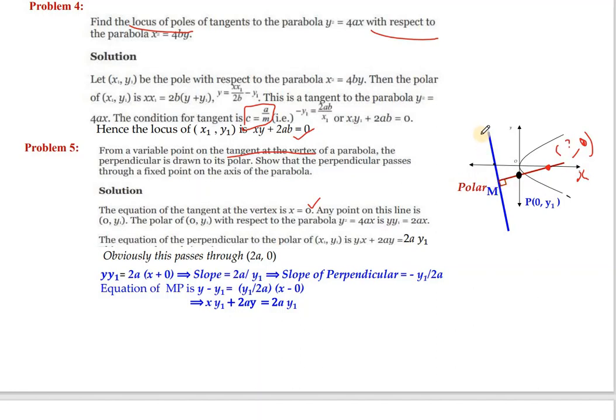So from here you consider the polar of this, and the perpendicular you have to draw, and unless you know the line you cannot get the x coordinate, which is obtained by solving the equation of this and this, which is y is equal to 0. So how to get the equation of this perpendicular line?